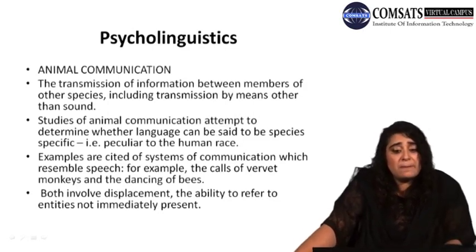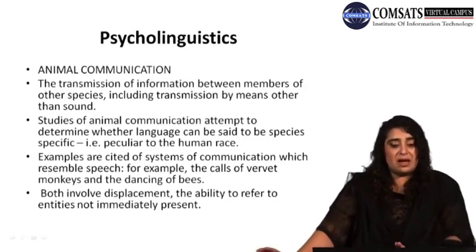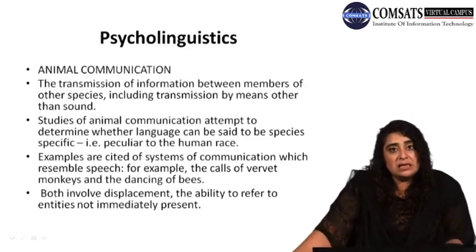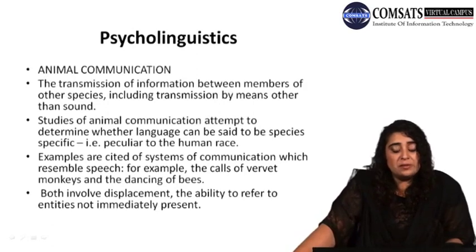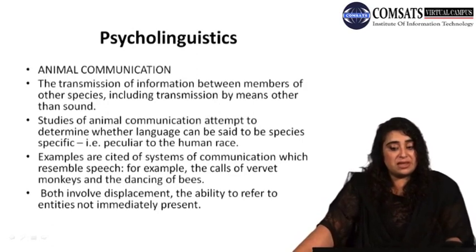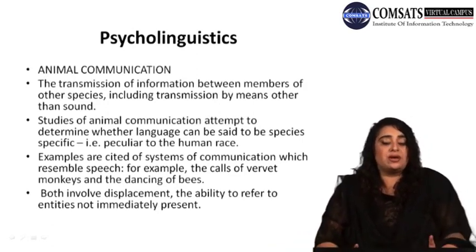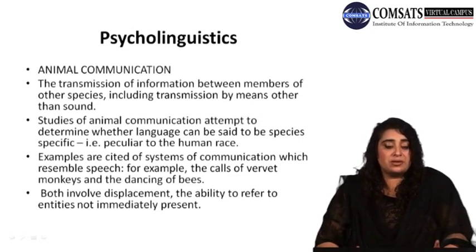So it's not a must that it has to be the same species, or that the communication goes through sound. Studies of animal communication attempt to determine whether language can be said to be species specific, or peculiar to the human race.